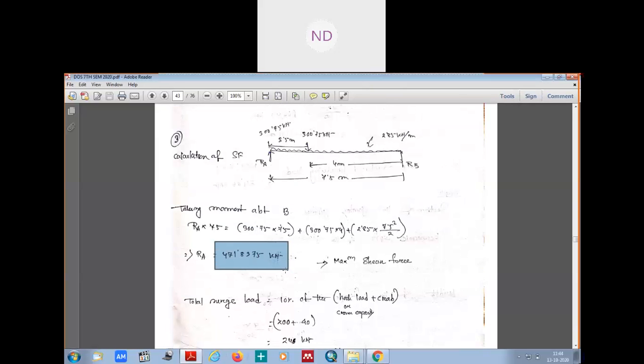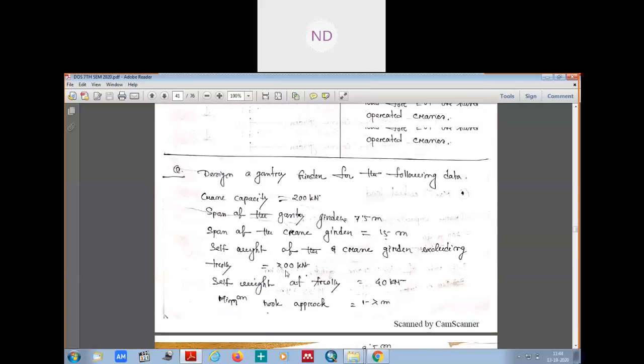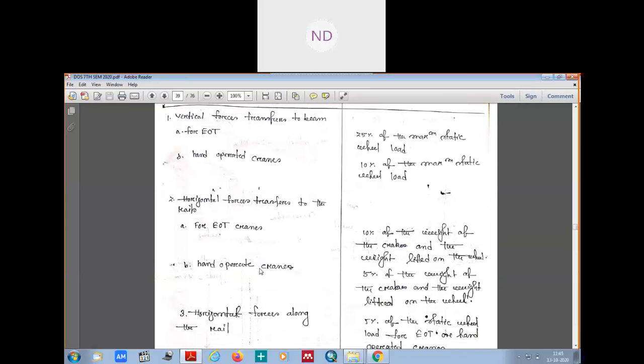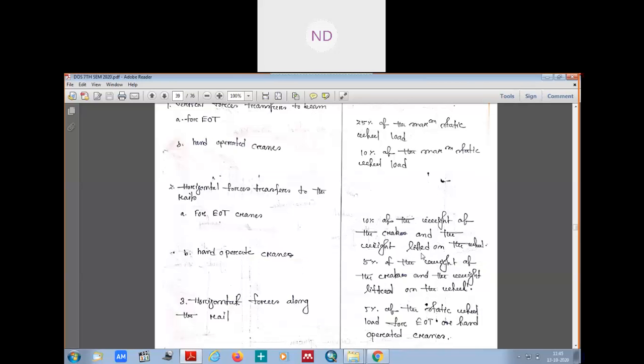If I show you at the very beginning of the class on the gantry girder, for vertical load, we take 25% of the maximum static wheel load if it is electrically operated, and if it is hand operated, a smaller value. And for the horizontal forces transverse to the rails, we take 10% of the hook load and the weight lifted on the wheel.